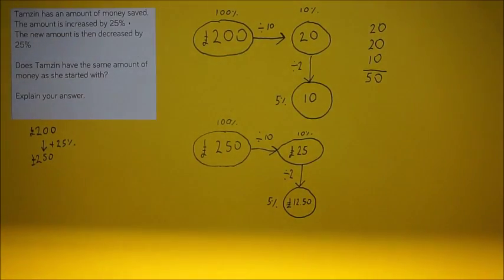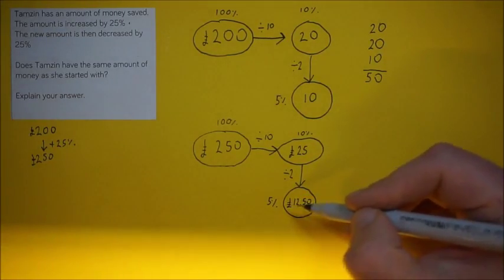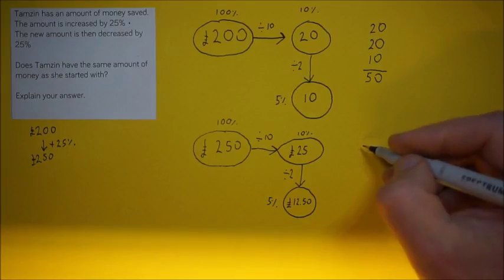Right, okay. So now I need to add 2 lots of 10% and 1 lot of 5% to find out what 25% is.